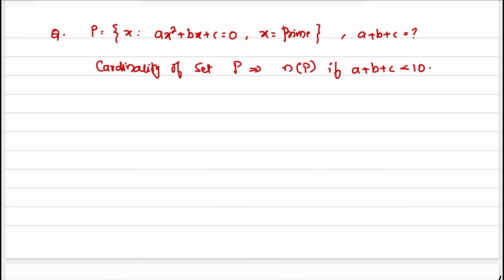Let us try to do it. We can have two questions in it and we can solve. The first question is: ax square plus bx plus c is equal to 0 to have prime numbers as roots.